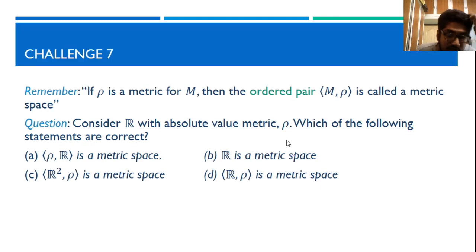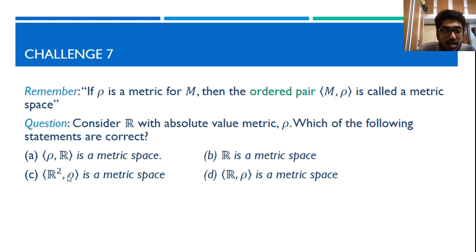So, Bijal just asked what happens with option C. In option C, R square comma rho is not a metric space, because rho is a function from R cross R to the closed interval 0 comma infinity.